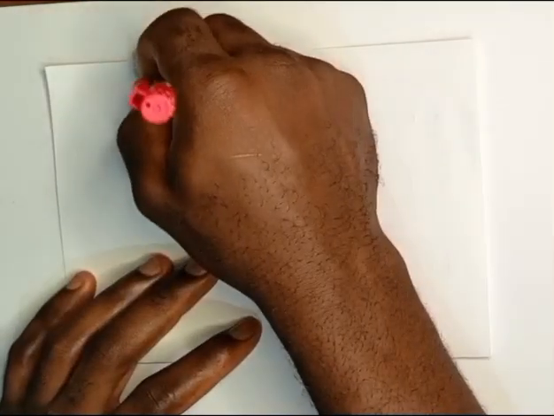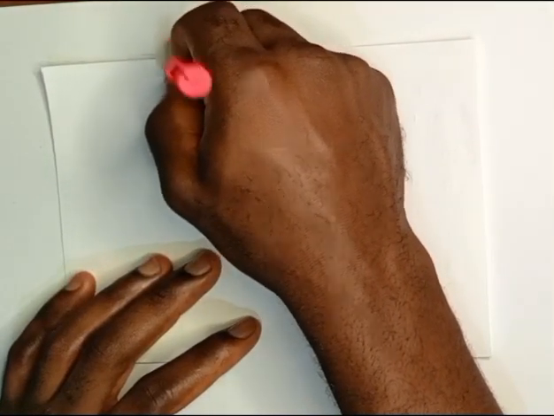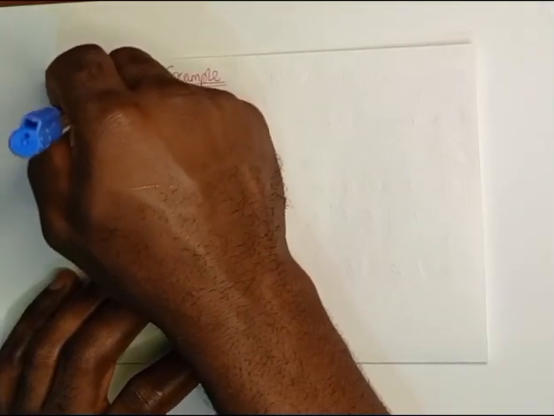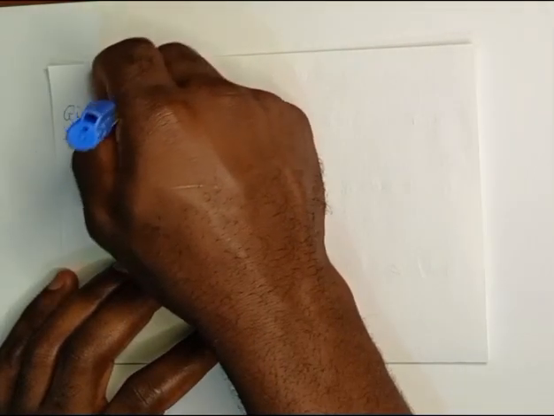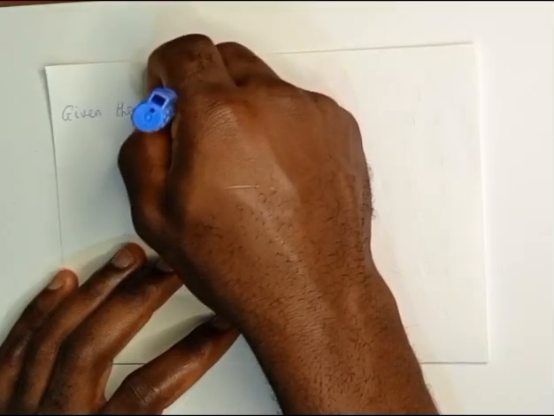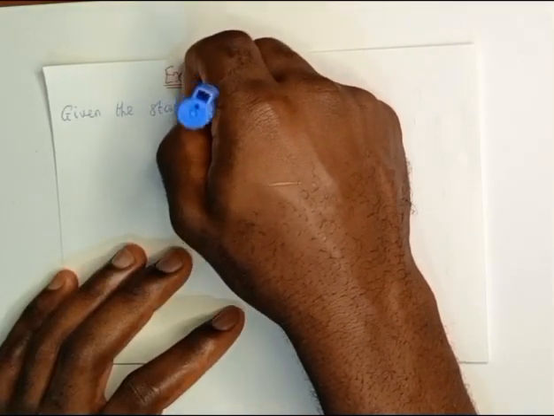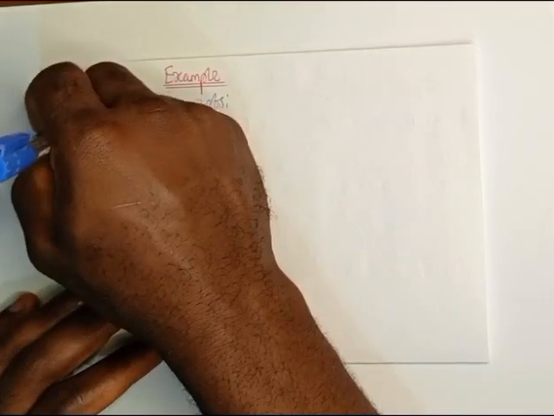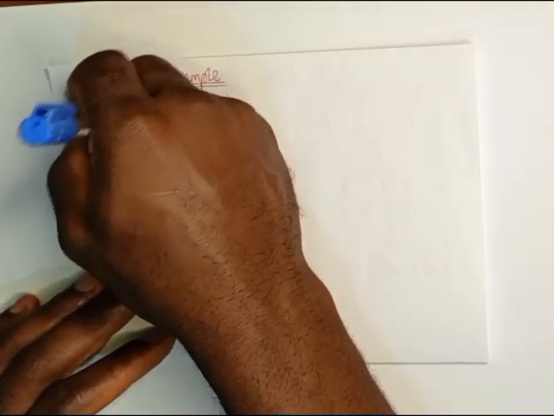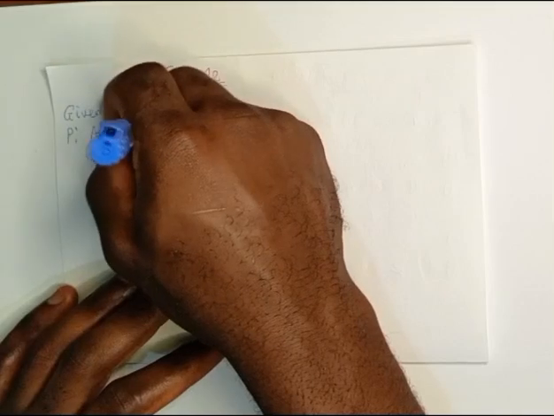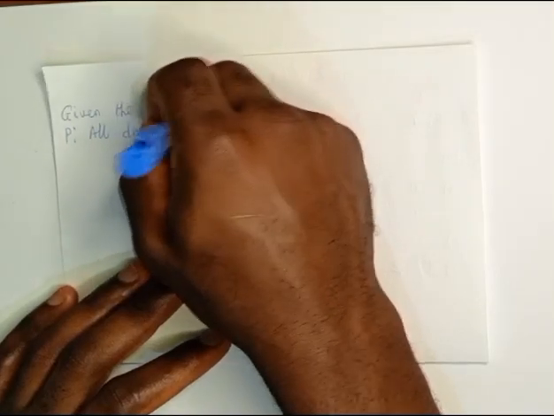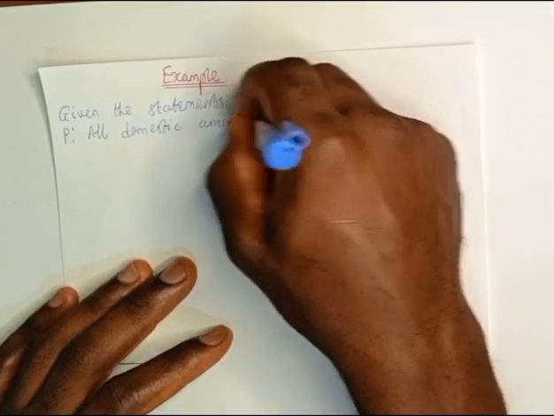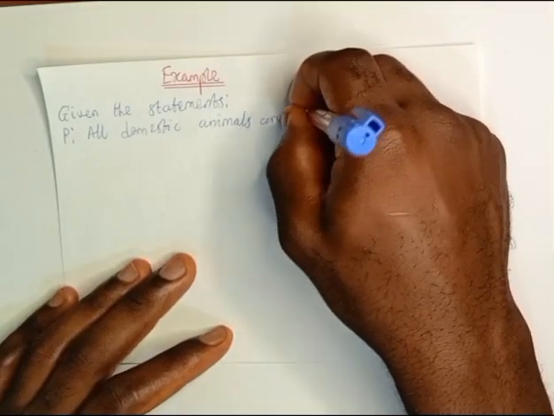We take an example. Given the statements, the first statement P, all domestic animals are good.